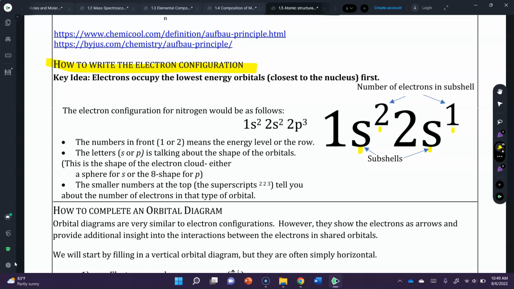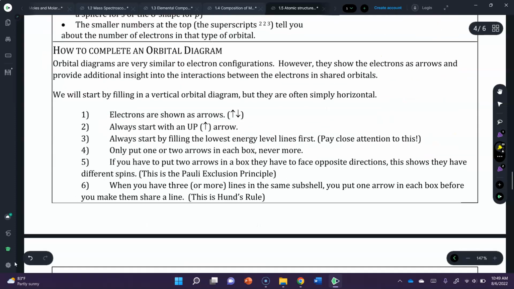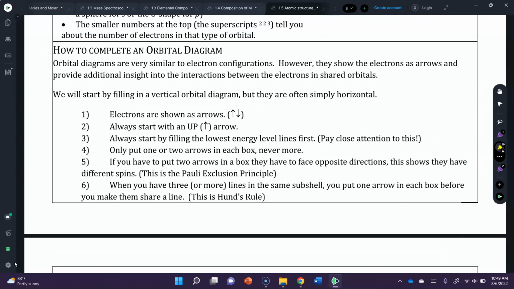The letters talk about the shape of the orbitals, and this doesn't come directly from what block it's located in, but it's organized that way so it's easier for you to figure that out, and it helps with organizing based off of periodic trends and properties. And the smaller numbers on the top, the superscripts, tell you the number of electrons in that type of orbital. So how to complete an orbital diagram.